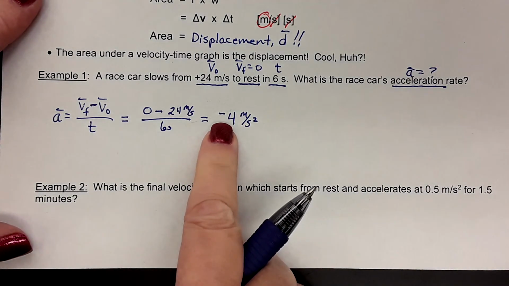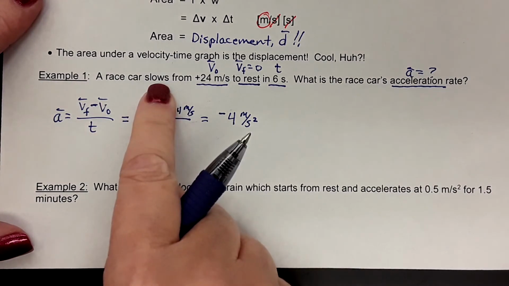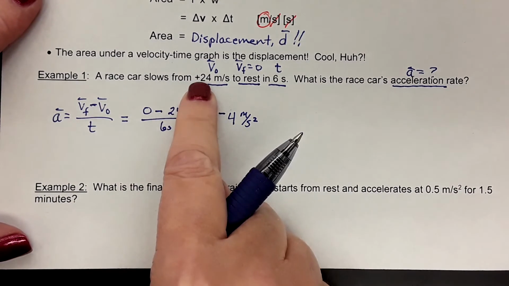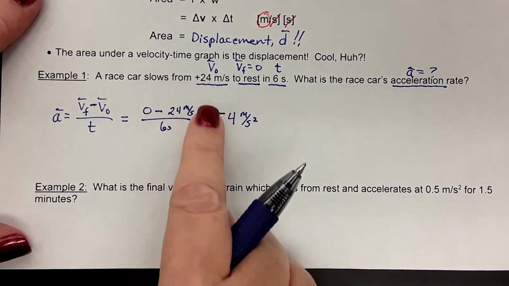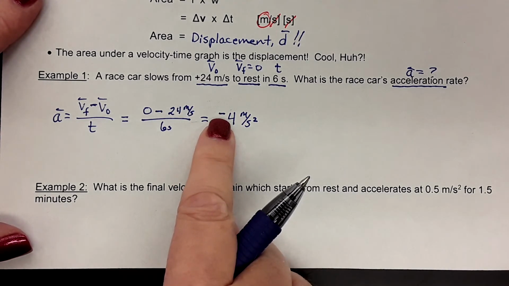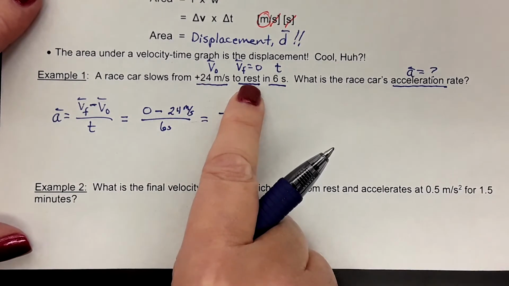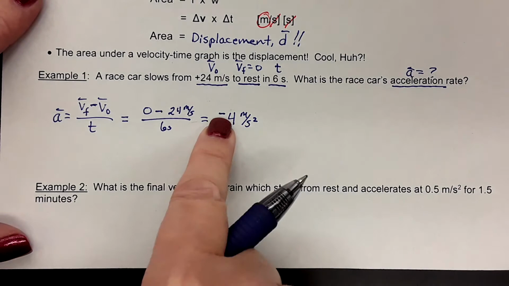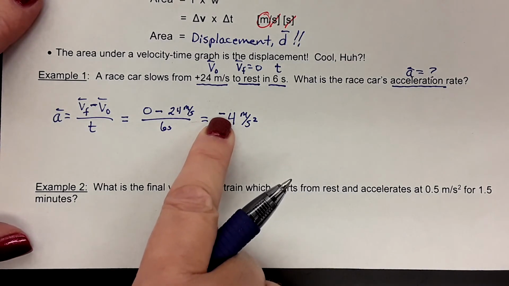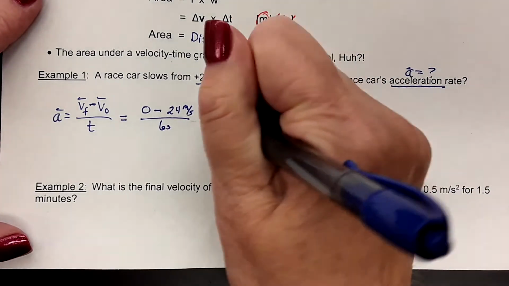Now, does it make sense there's a negative there? Yes, because we're slowing down. We're decelerating. And since the velocity is in the forward direction, the acceleration increment we're going to add needs to point the opposite direction to take away from that so you can stop. So that is correct. It makes sense. All right, so there's our answer.